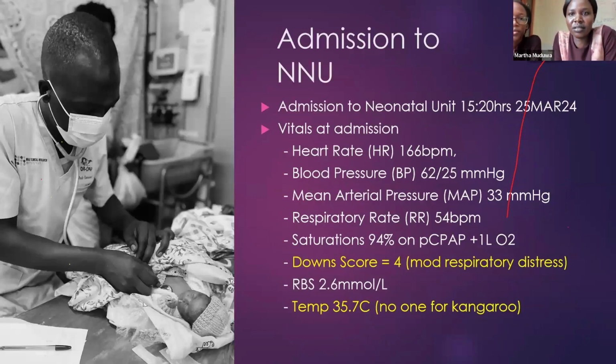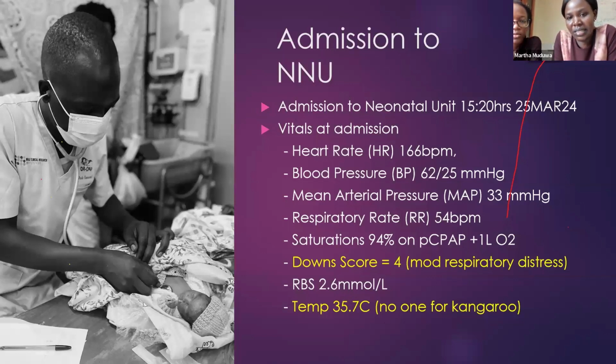On admission, baby arrived at 15:20 hours on the same day, 25th March. Vital observations were done and they were all normal. And then we had a Downes score of 4. That means that our baby had moderate respiratory distress, and this was the right time for us to start our CPAP.